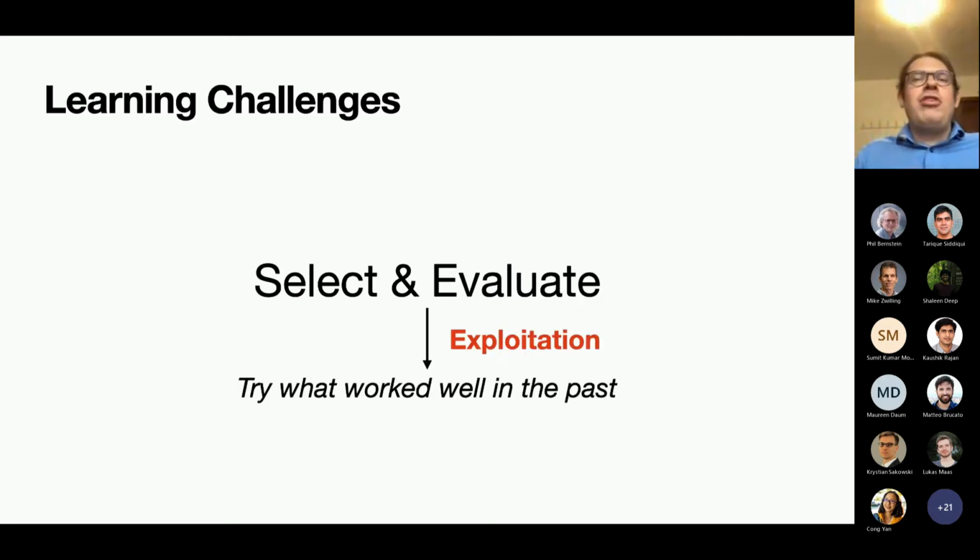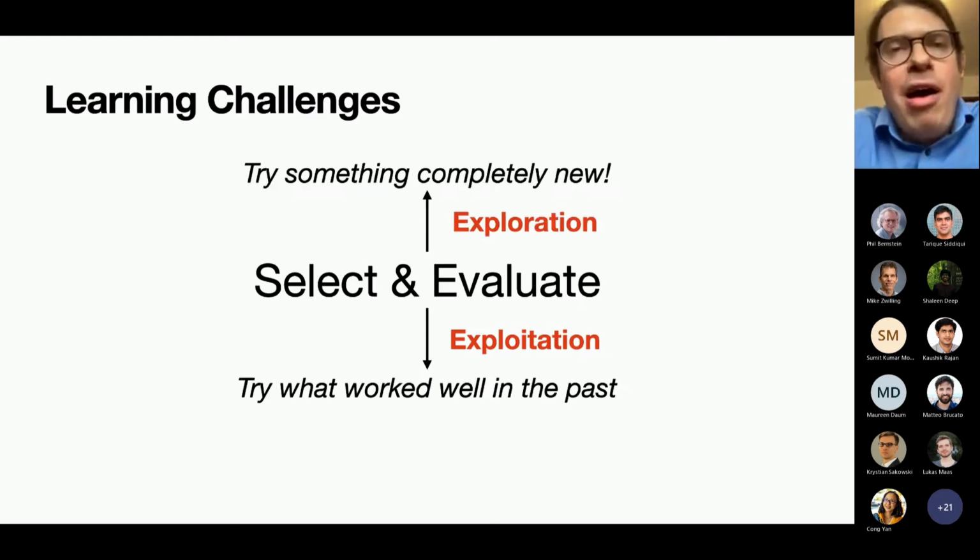We can either choose to explore parameter settings that are somewhat similar to parameter settings that we have tried before. That would be exploitation. Or we can decide to explore parameter settings that are very different from what we have seen before, and that is exploration. And it is very important, because otherwise we might get stuck in local optima.